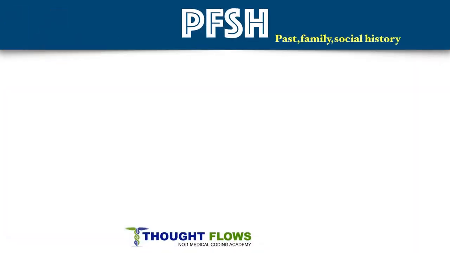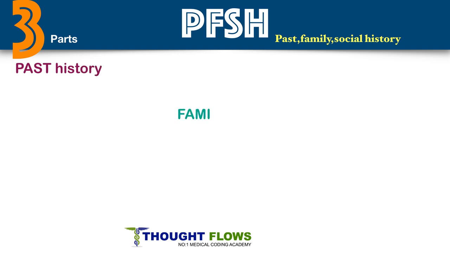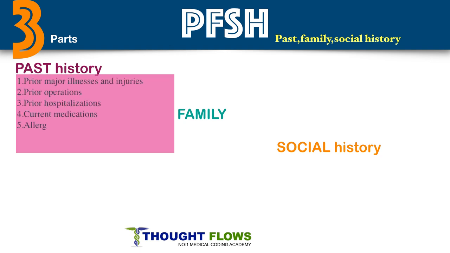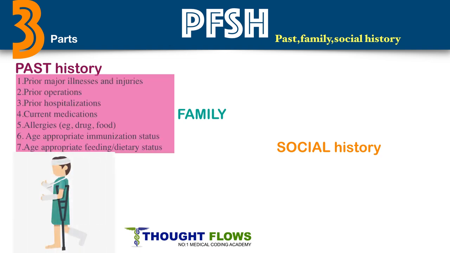And next is PFSH, nothing but past, family and social history. If you want to check for this, we have to check for 3 things, which are past history, family history and social history. Past medical history is nothing but review of past illness, operations or any injuries, which may include prior illness or injury, prior operations, prior hospitalization, current medication the patient is taking, any allergies, age appropriate immunizations and feeding status.